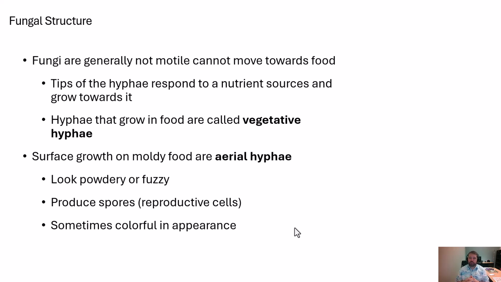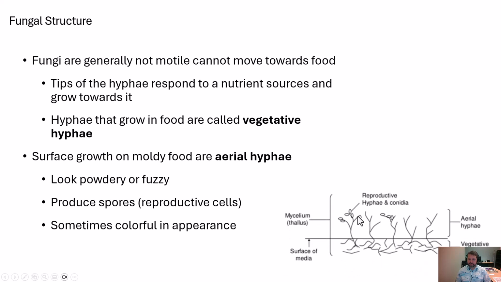It could be asexual reproducing cells, spores in general. Sometimes we classify species of fungi based on their aerial hyphae. Just by looking at the aerial hyphae, we can say, oh, well, this is the color and the structure and how they connect, how the mycelium looks. It gives us an idea of what species that might be, or at least what group it might fall into.